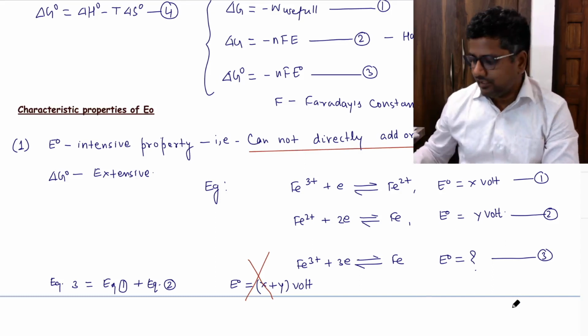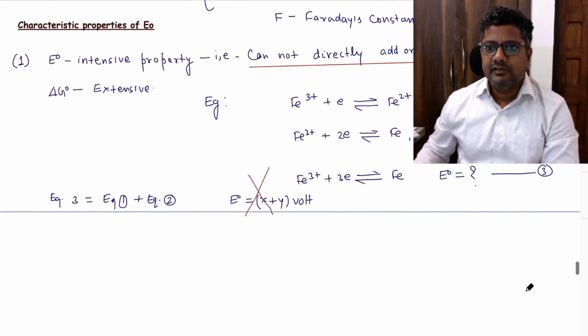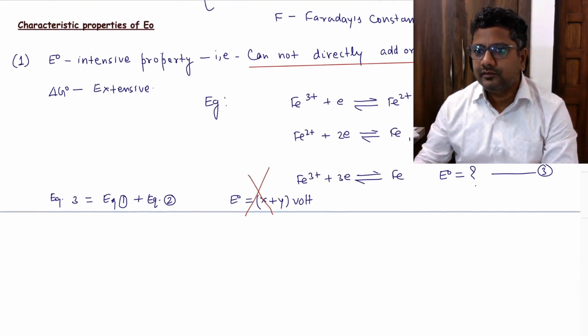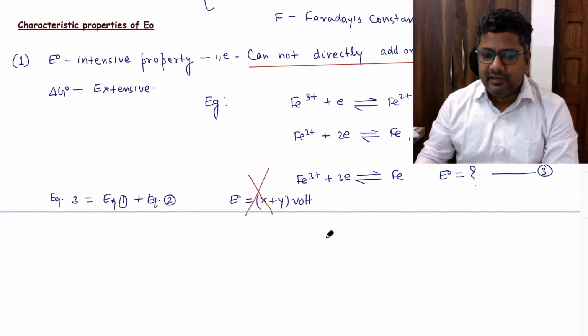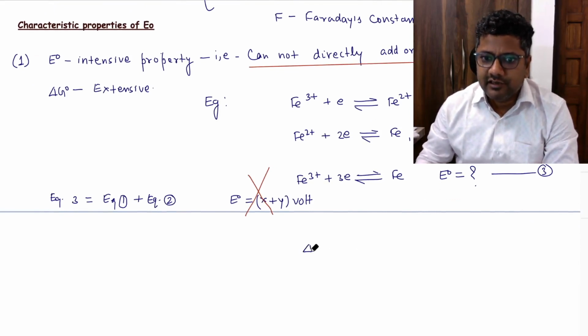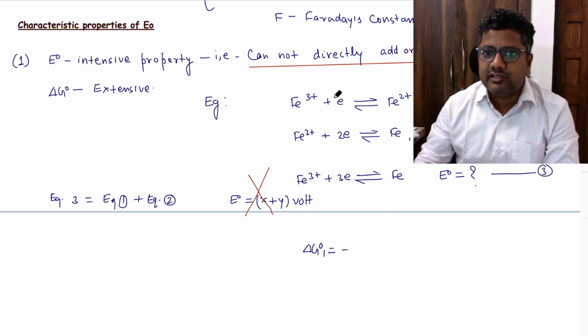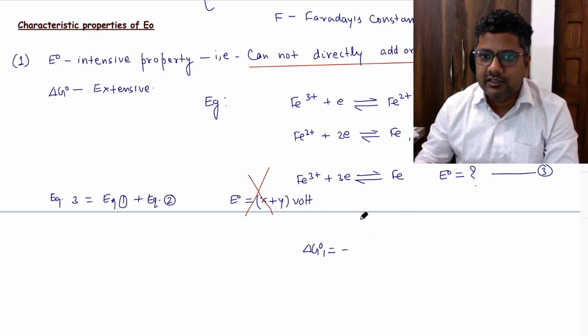Okay, clear? Good. So what we have to do? From equation 1, calculate delta G naught. So delta G naught 1 is equal to minus n F E, where n is the moles of electron in this formula. So moles of electron here is 1. So minus 1 into F into X volt. This is delta G naught 1.